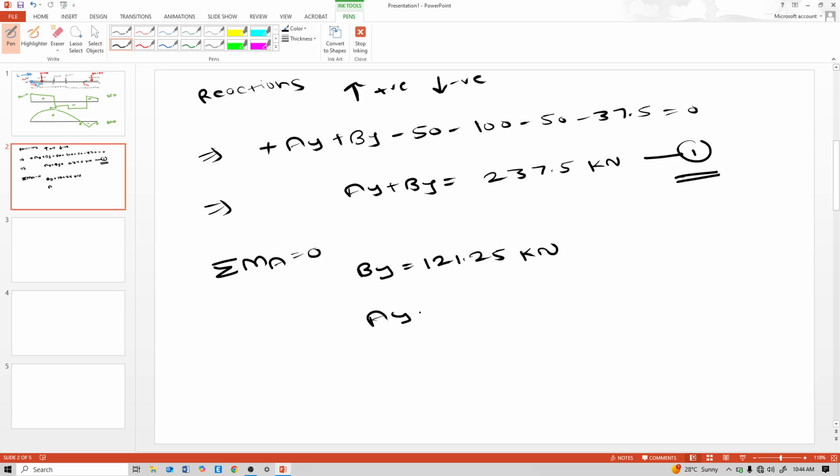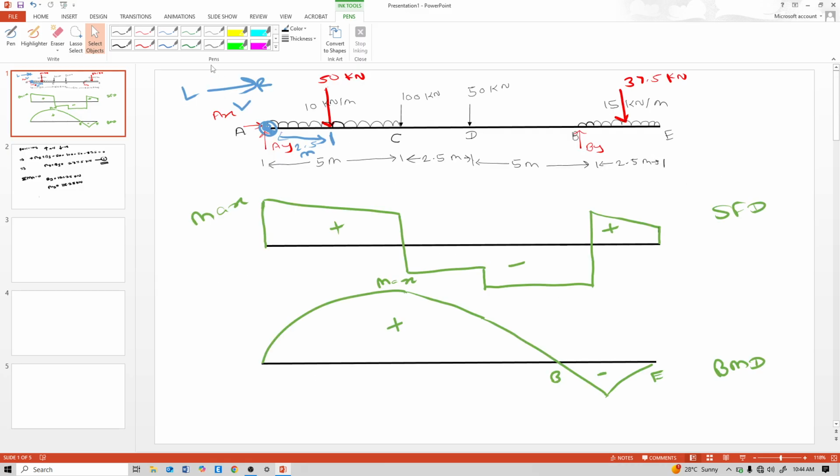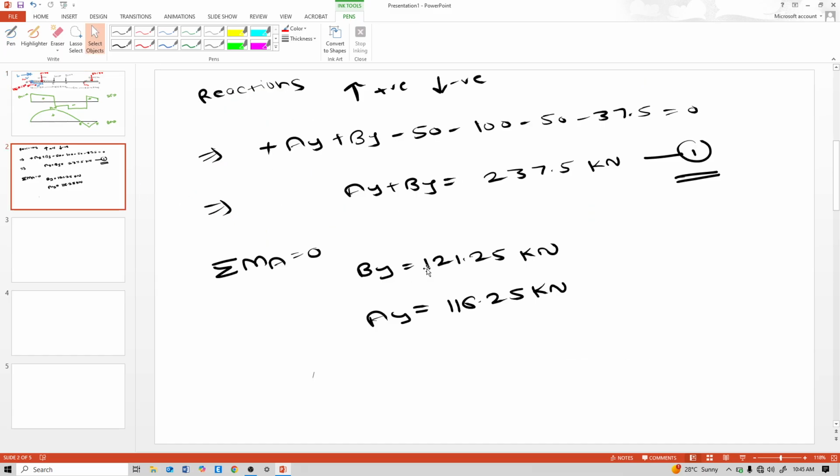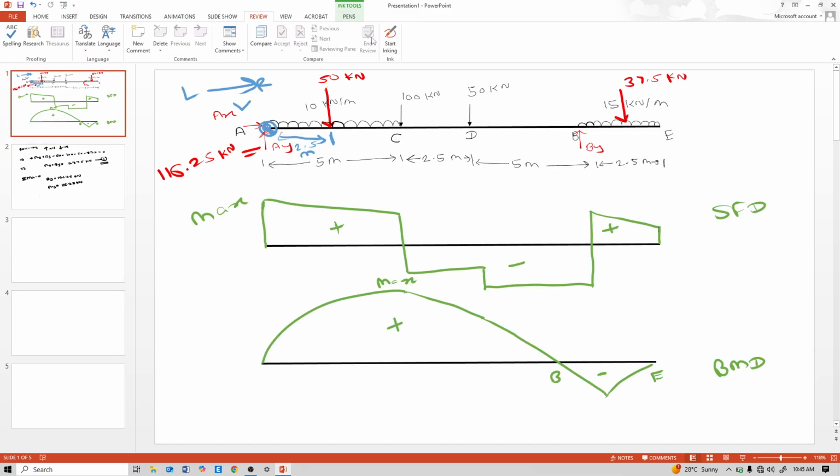So AY is equal to 237.5 minus 121.25, equal to 116.25 kilonewton. So this AY is 116.25 kilonewton and BY is 121.25 kilonewton.